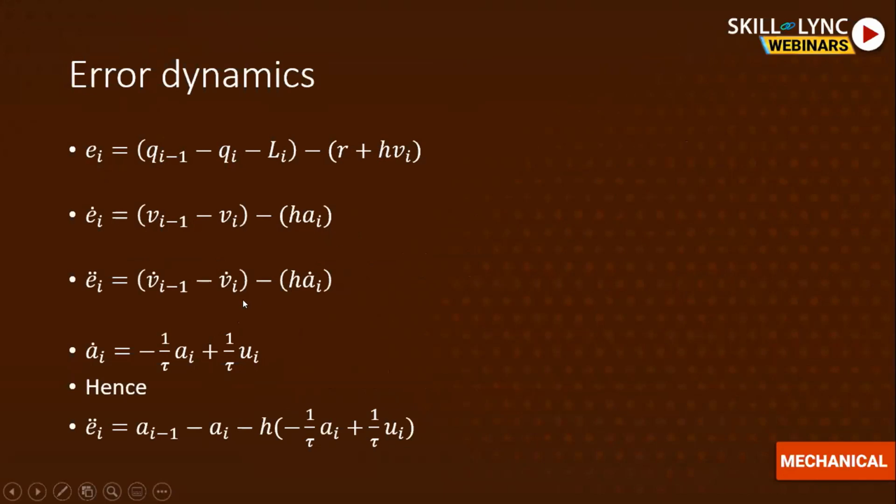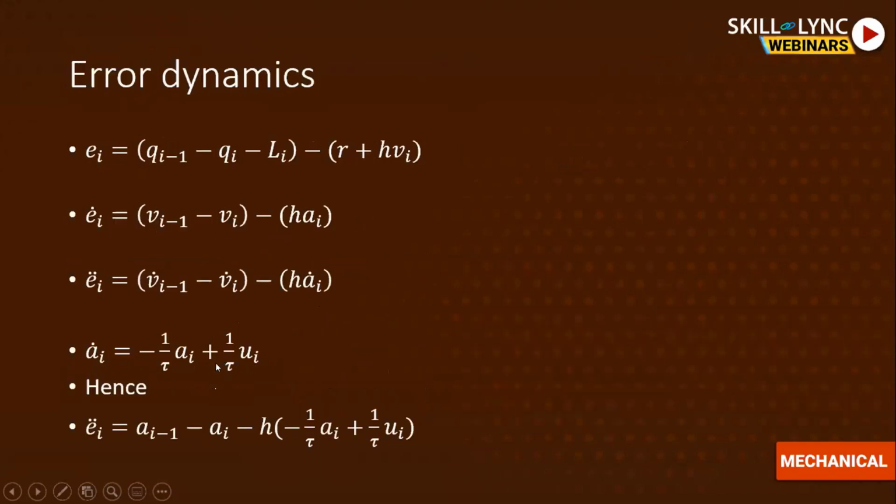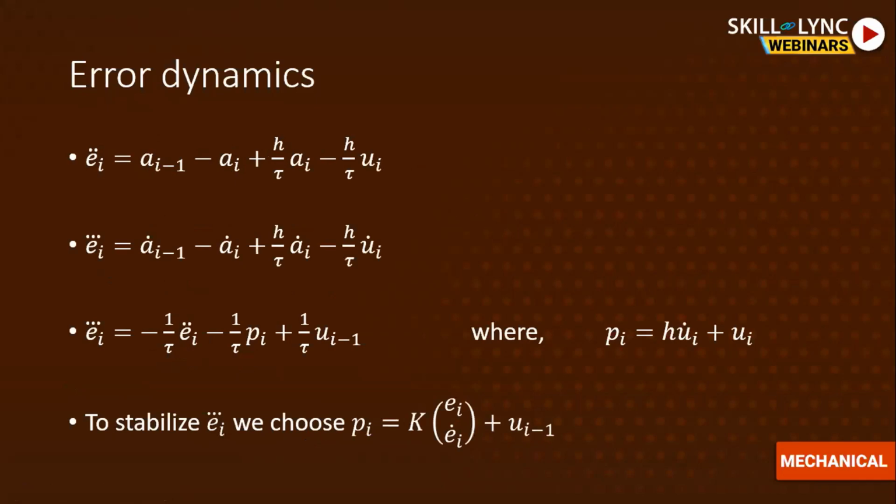Again, you differentiate that and we see the term a_i dot here. Through the last equation, we can see that the delayed response has to be put in there. We get the double derivative of error, and we substitute the other value as well. Now, we get the triple derivative of error, which we use to stabilize the error. So now we have a virtual input that we need to get in order to stabilize the whole equation.